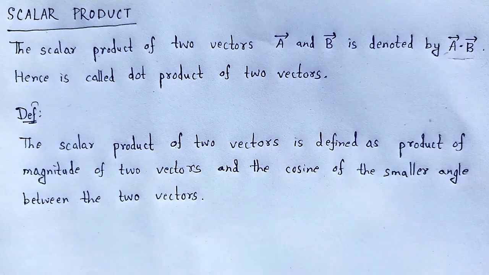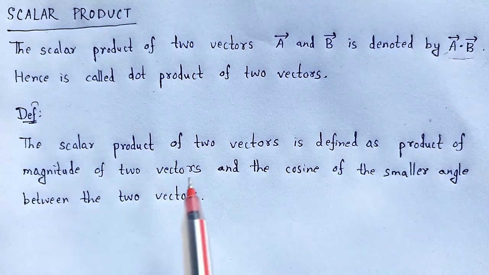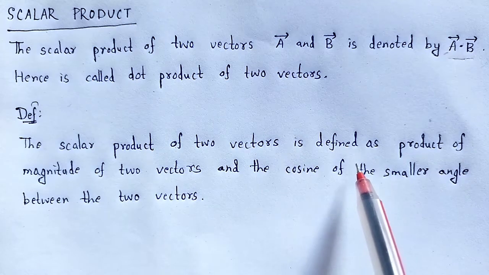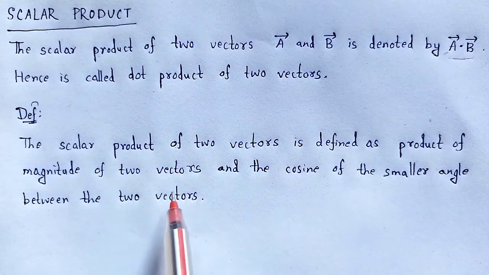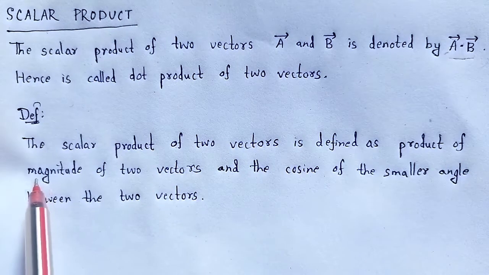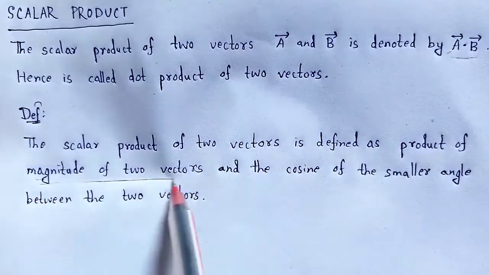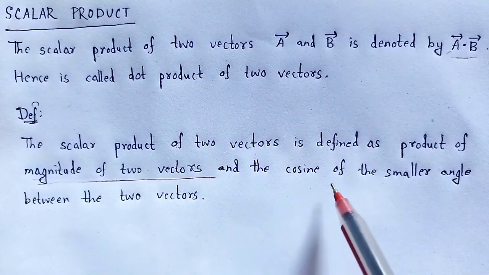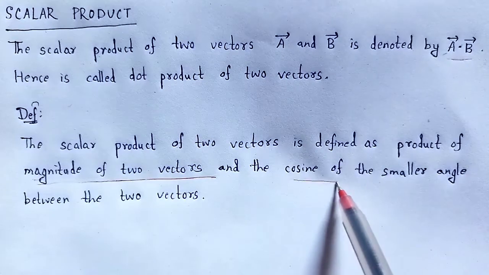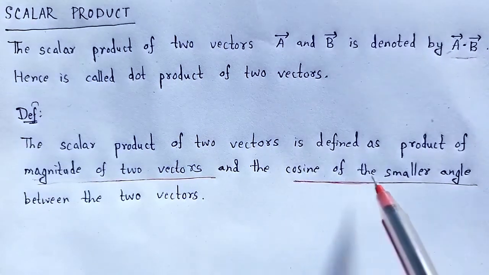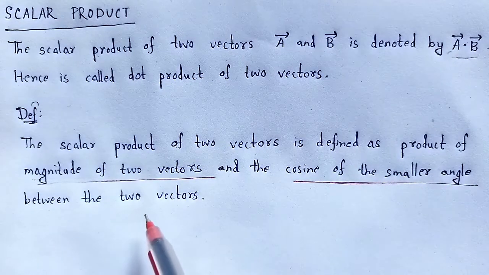How can we define it? The scalar product of two vectors is defined as the product of magnitude of two vectors and the cosine of the smaller angle between the two vectors.